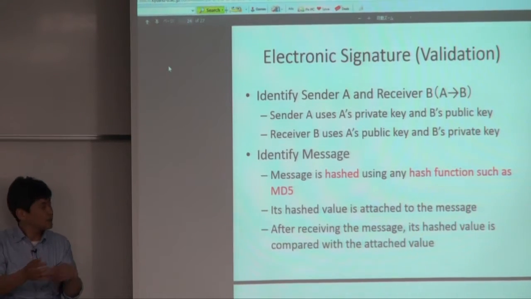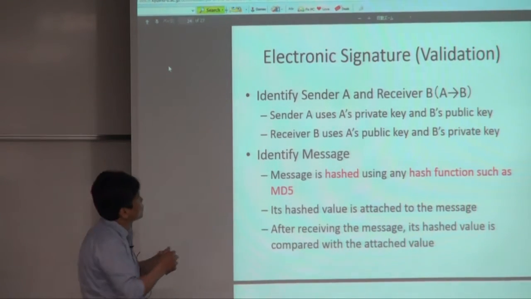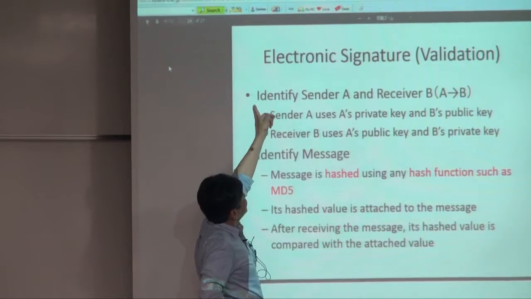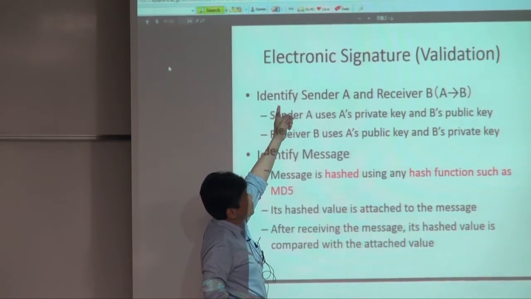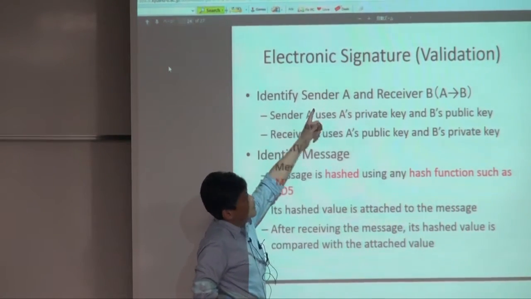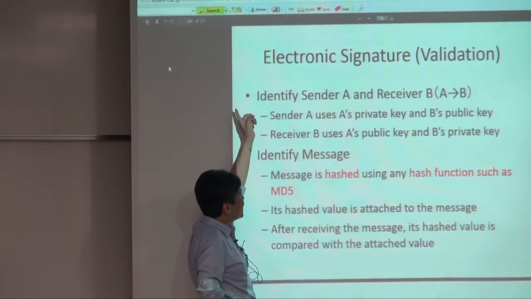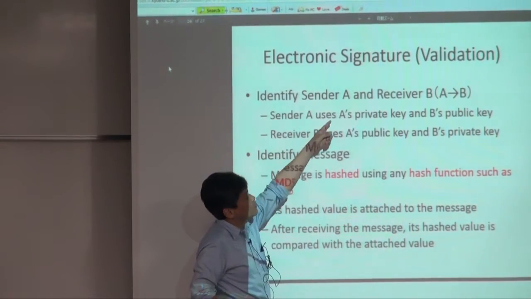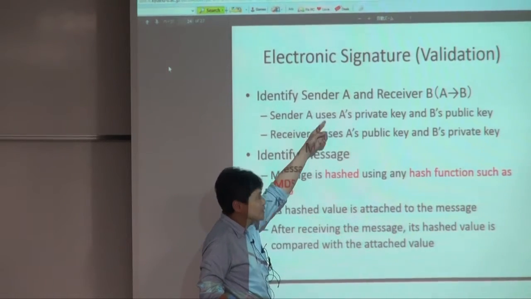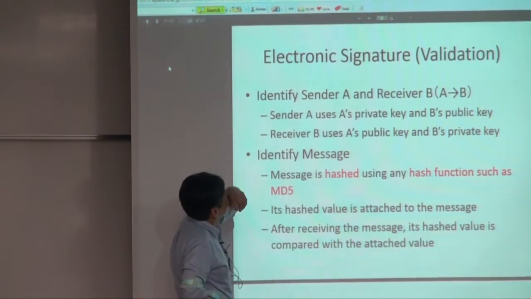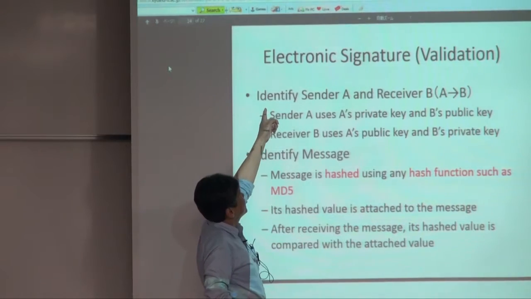Okay. So identify means the same as validation. Make an identity, the same meaning as validation. Okay? So you have to validate.